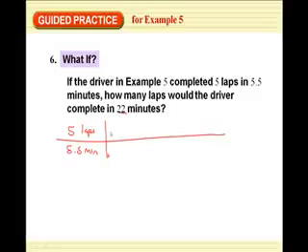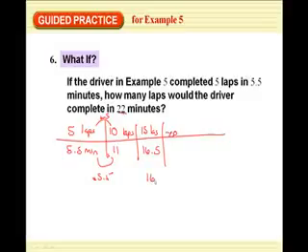So let's double it. 10 laps. 5.5 and 5.5 is 11. Then they do 15 laps. I keep adding 5. It'd be 16.5 minutes. So this time I'm adding 5. This one I'm adding 5.5. So 20 laps, 16.5 plus 5.5. There's my 22. So they would do 20 laps, just using my table.